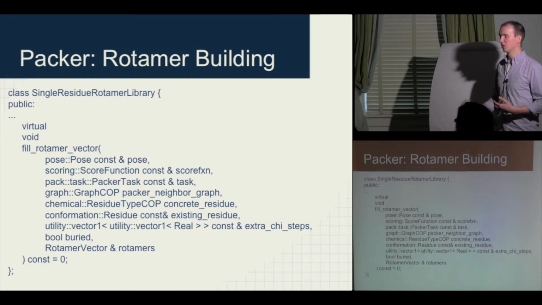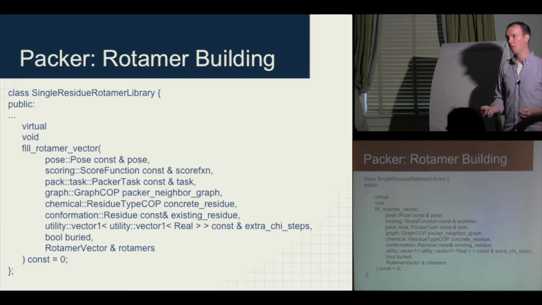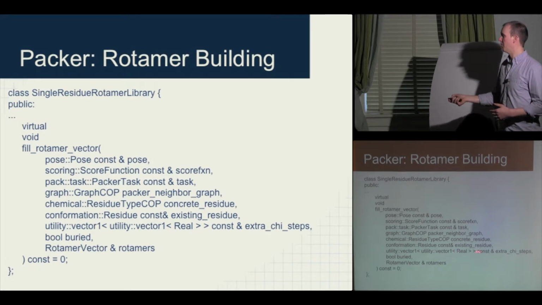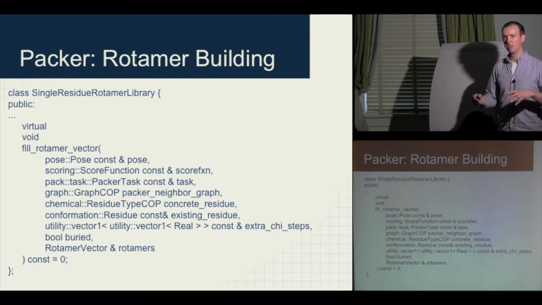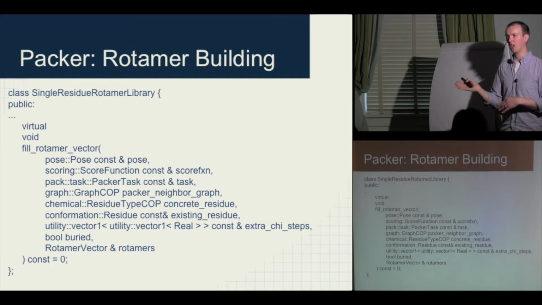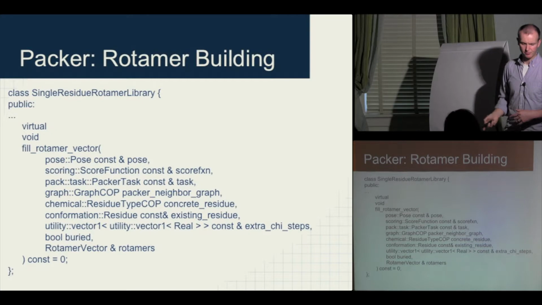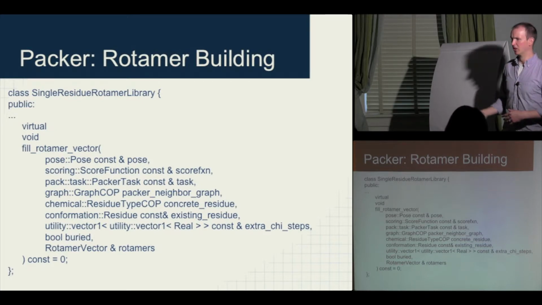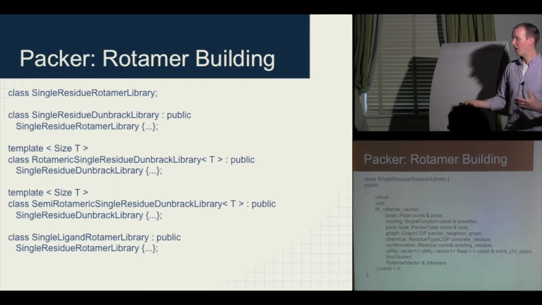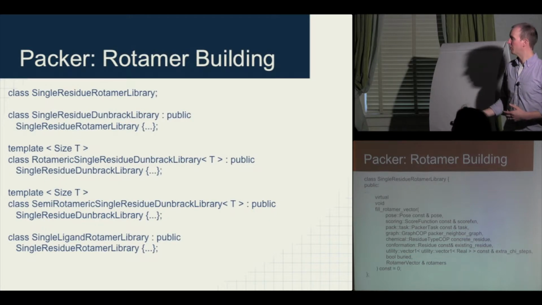It's got the existing residue, which might be a leucine that was already at that position. And then it's got some description of how to take the rotamers that you would build and diversify them by stepping to the left and the right for each of their chi dihedral angles by some amount given in these vectors. One Boolean to tell whether or not that residue is buried, and then it's supposed to write its output here.